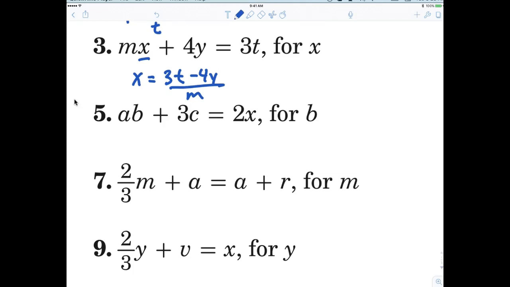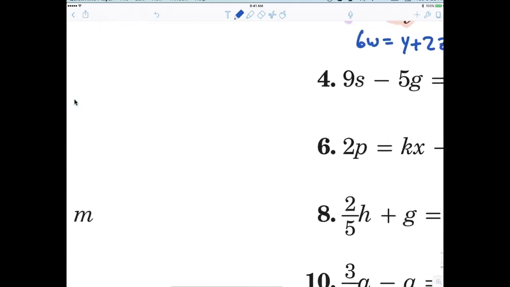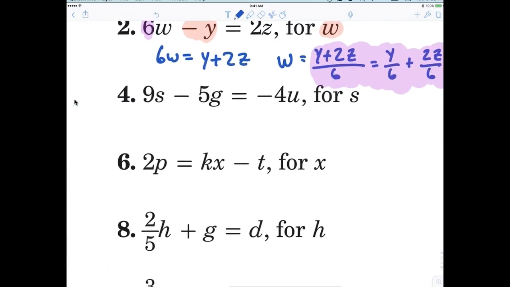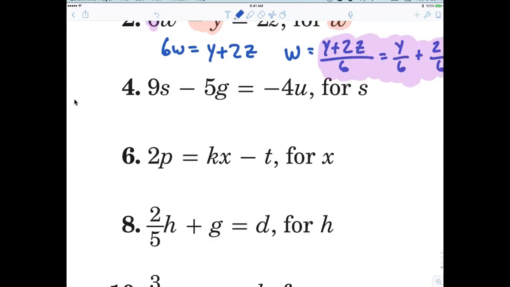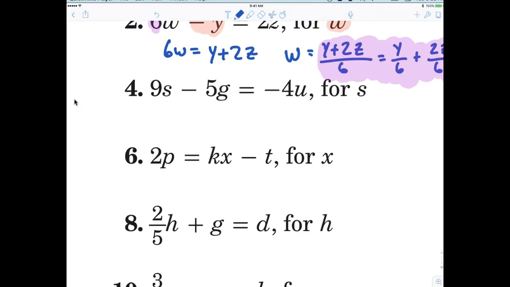You got to get rid of the addition and subtraction. Does anybody have any questions with that? All right, we're going to get some practice. I'm going to have somebody tell me the answer to number 4. And we're going to underline what we're solving for because I think that's helpful when we do these.